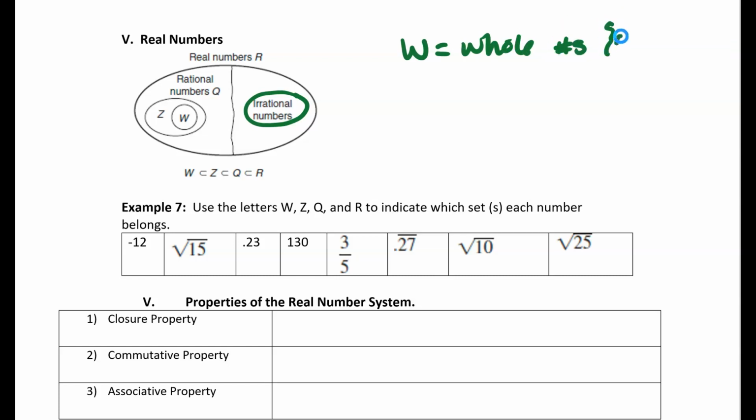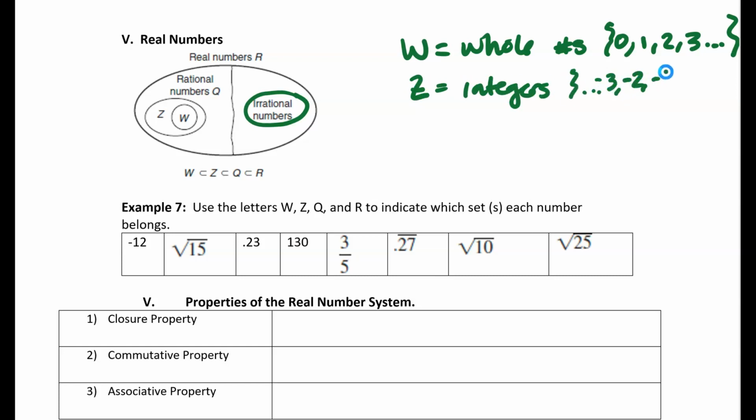And whole numbers are 0, 1, 2, 3, all the way up from there. Z is the set of integers. So that would be like -3, -2, -1. Okay. And then Q would be rational numbers.